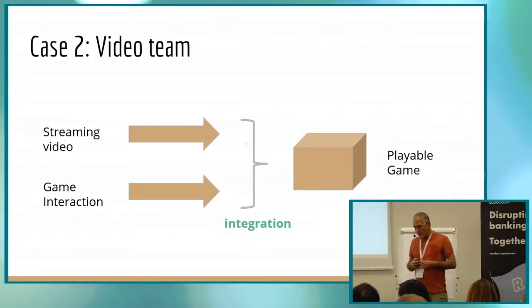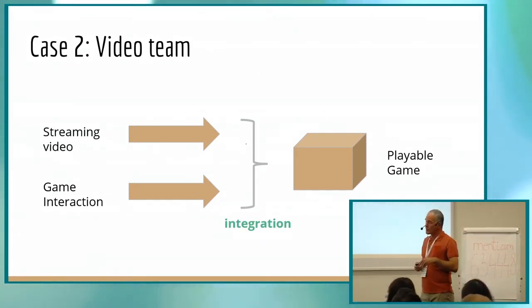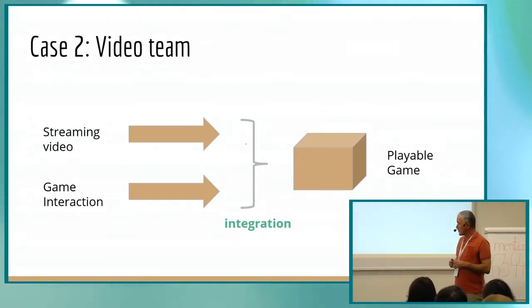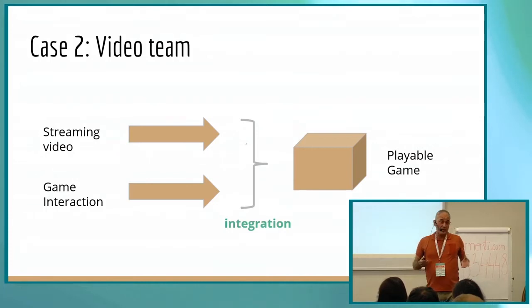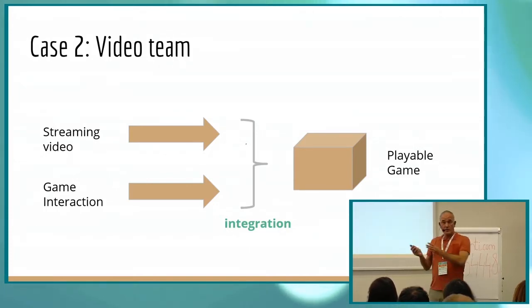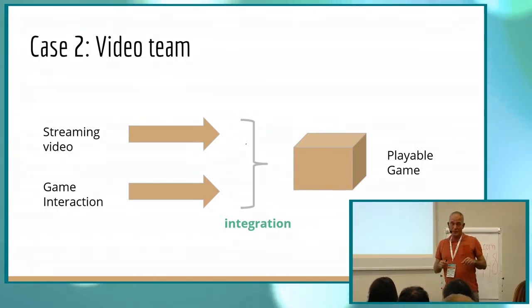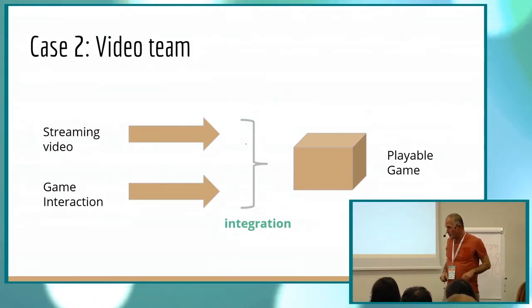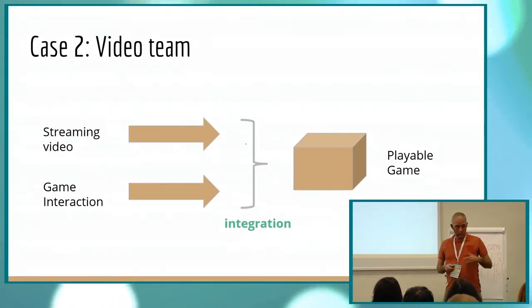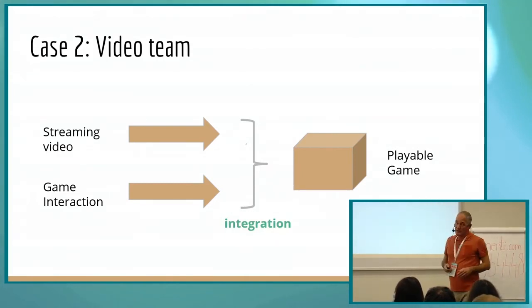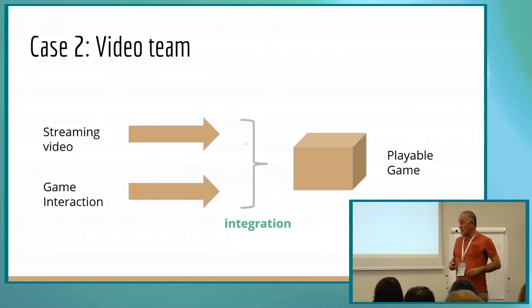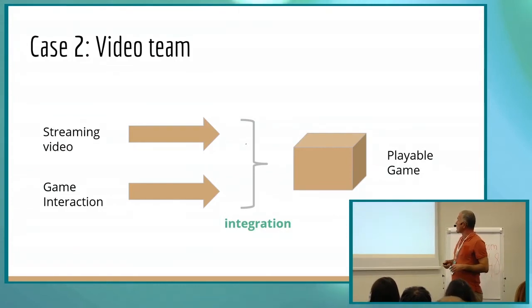The video team, the team that is supporting the streaming video, is completely different. So the streaming video and the interaction of the game, I showed you on the picture in the user interface. At the top you saw the streaming video, at the bottom you saw what the interaction is. These are brought together in devices, whether mobile phones or anything, into a playable game.